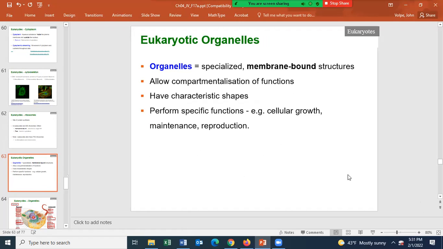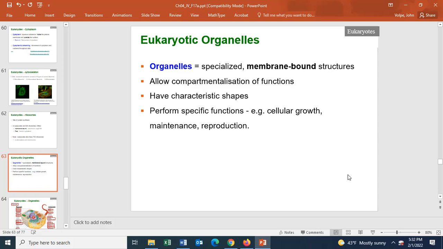Whenever I use the word organelle, I mean a membrane-bound organelle. Eukaryotic cells have organelles. This allows compartmentalization of the different functions, and each compartment or membrane-bound organelle tends to have a specific function.